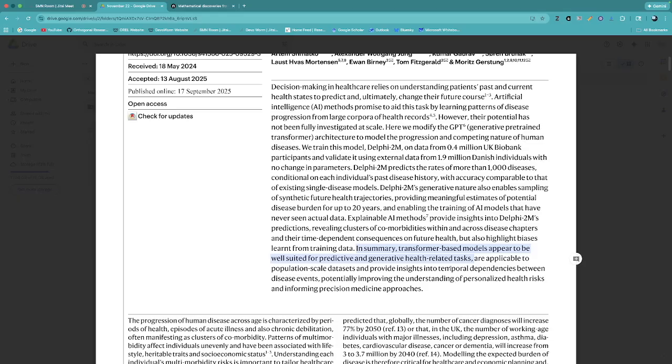It's not a task like exploring a world where you have a lot of unknown aspects to it. But the other thing I wanted to point out was that in this case, we're using a transformer to provide insights into temporal dependencies between disease events.